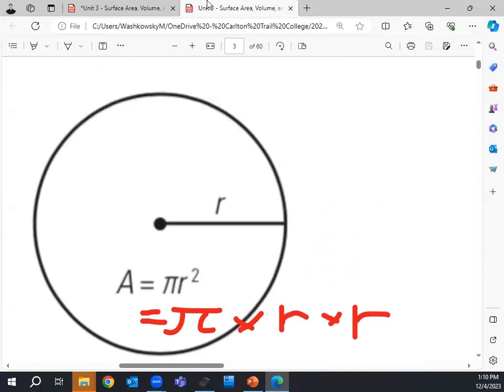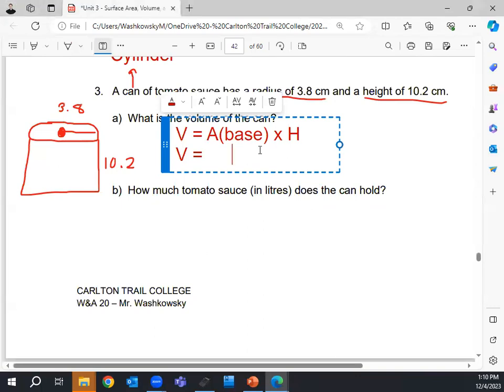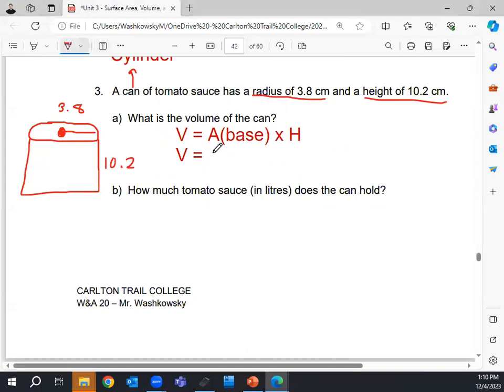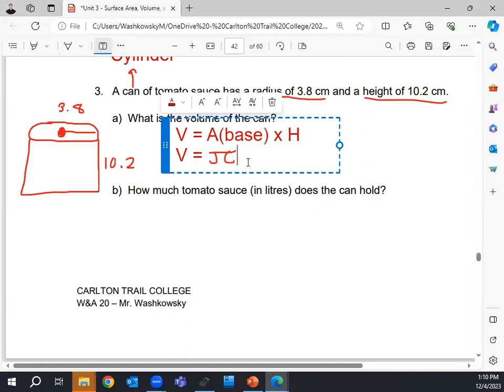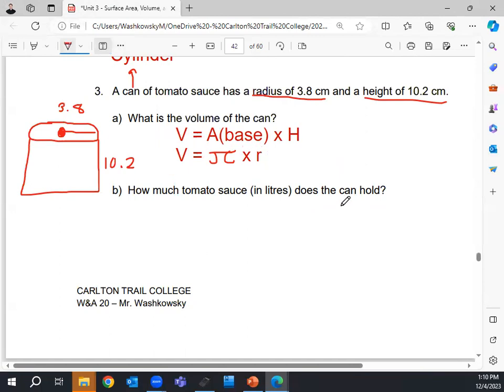So this is just on the 3rd page of your booklet. So I'm just gonna write that in. So it's gonna be pi times radius squared. You could just do times r as well. That works. And then it's times the height.